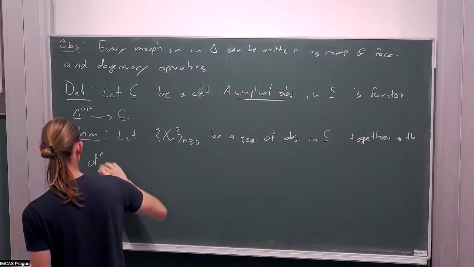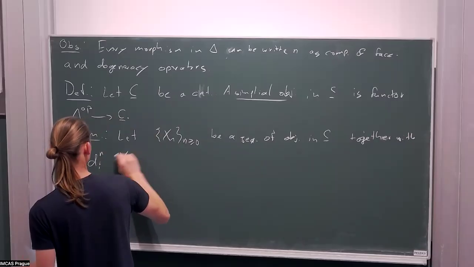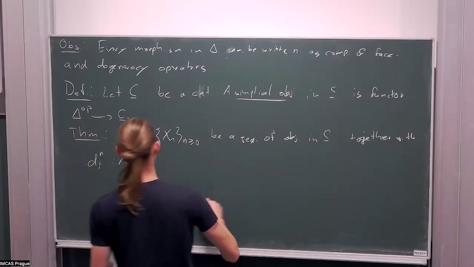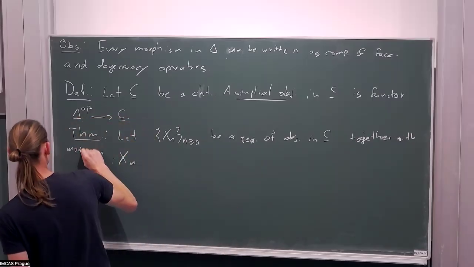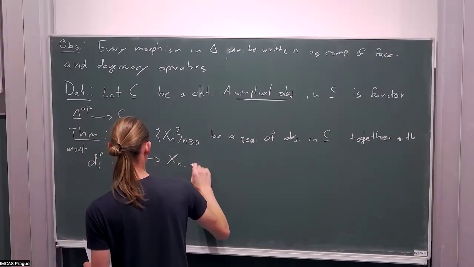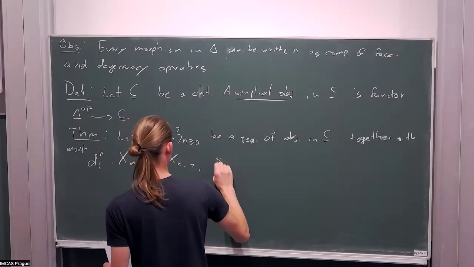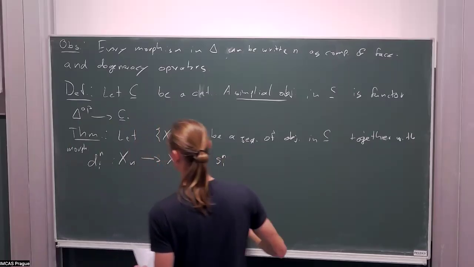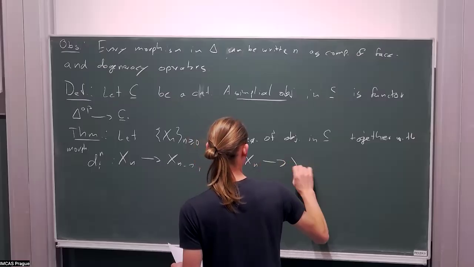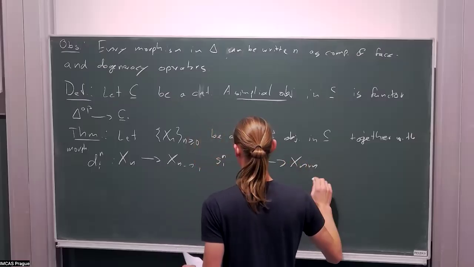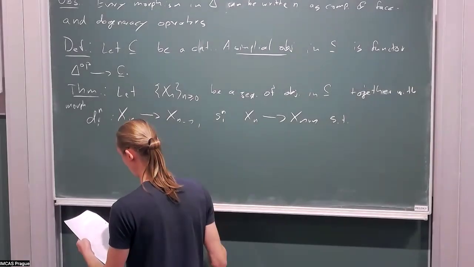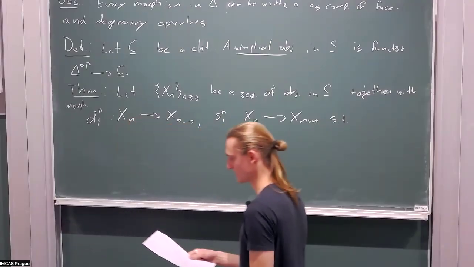Together with maps d_i^n from X_n to X_{n-1}, or morphisms rather, and s_i^n from X_n to X_{n+1}, such that, okay, now I'm not sure if I want to write this.